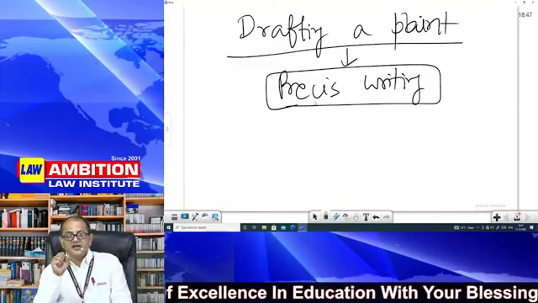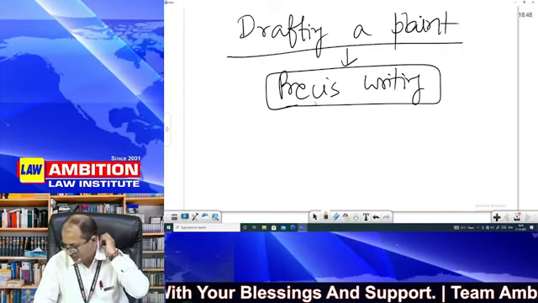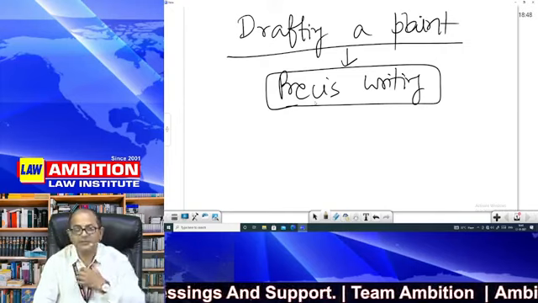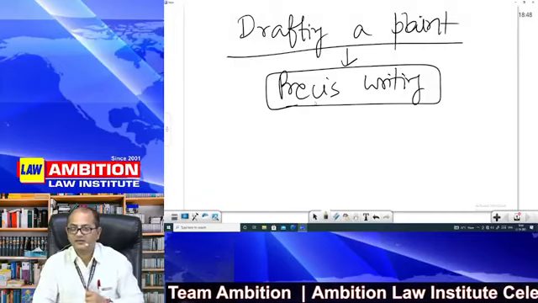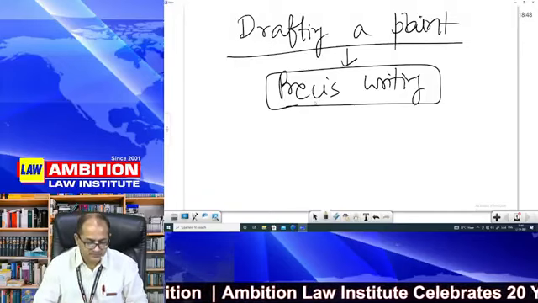Now see, generally, your client will give you the facts. He is not going to tell you the law. Your client will come and tell you what happened to him, but he will not be able to tell you the law on the point. So as a lawyer or as a judge even, or as a counsel or as a student even, you are required to know the law on the point.